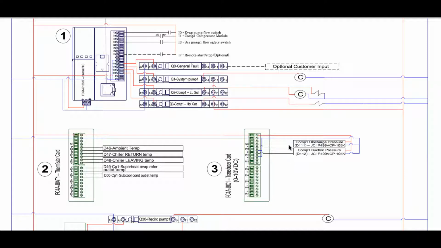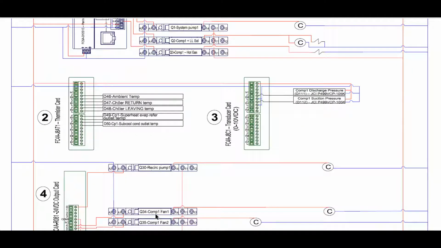So if we have a 225 psi target and a 50 psi differential, it'll allow the pressure to get to 275 psi. Then the PLC will say, okay, I want fan 1 to operate. That fan will run, and your head pressure will come down. If it gets down to 225 psi or below, it'll shut that fan off, right? So it'll allow your pressure to come up and down.